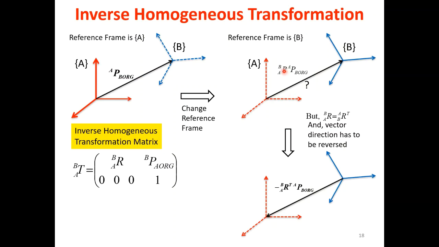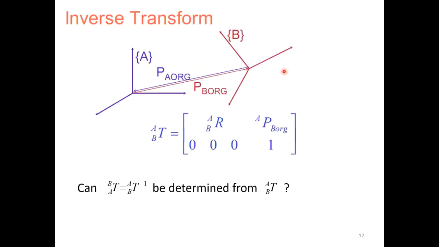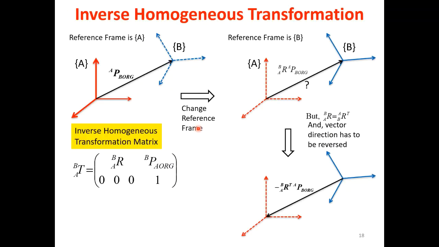And BAR is unknown, right? But ABR is known. So therefore, what we do is we replace BAR with ABR transpose. Sorry about this again. This has to be ABR transpose. I will make that correction. Times APBORG with a negative sign.